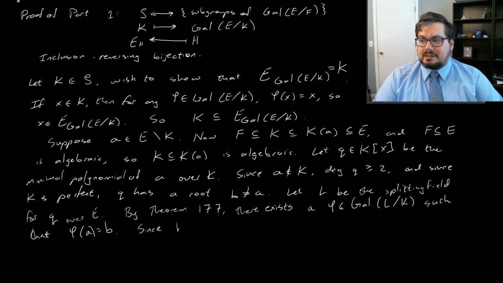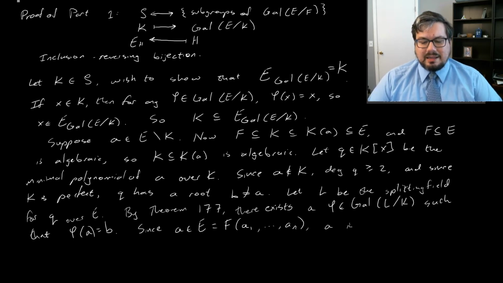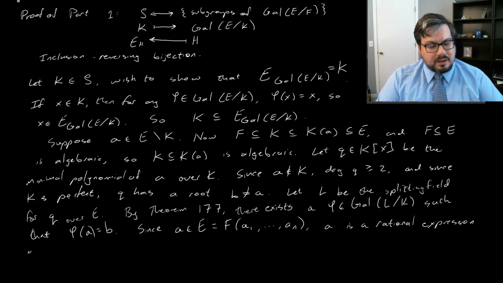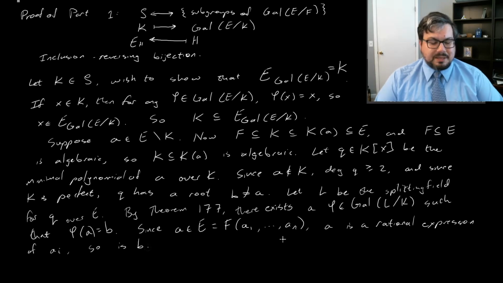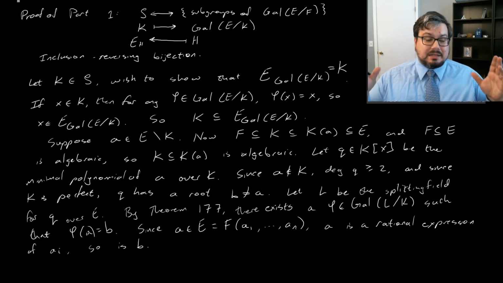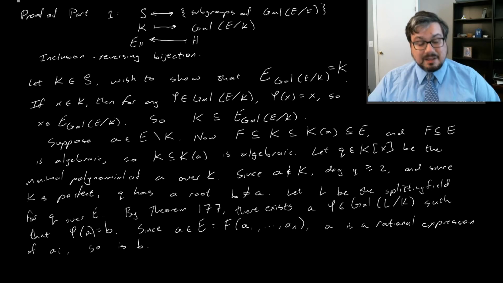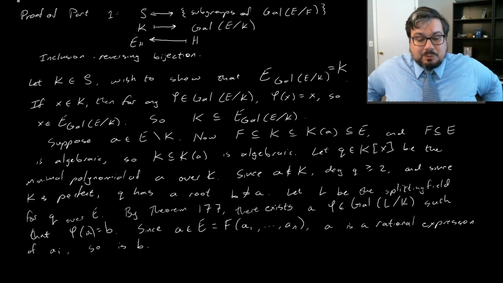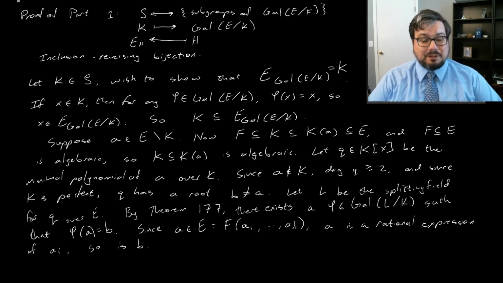Now, furthermore, since a belongs to the set E, which is the smallest field containing F and a1 through an, what this means is that a is a rational expression of the ai, and so is b, because the function phi will fix the elements of K, and hence fix the elements of F, and will just permute the elements a1 through an.